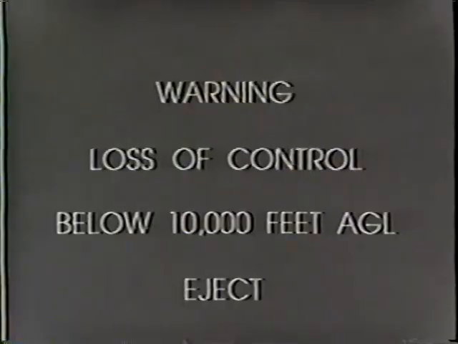The Dash 1 warns that if loss of control is experienced below 10,000 feet AGL, eject. The Dash 1 does not specifically address the probability of a successful recovery from departure loss of control at low altitude. Inadvertent departure may be disorienting.